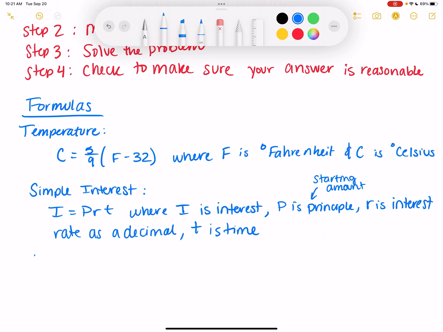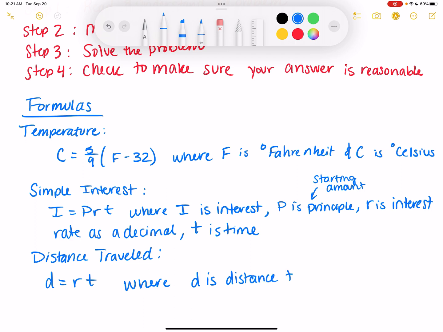And then we have distance traveled, which is D equals RT, where D is distance traveled, R is the rate, which is just the speed.